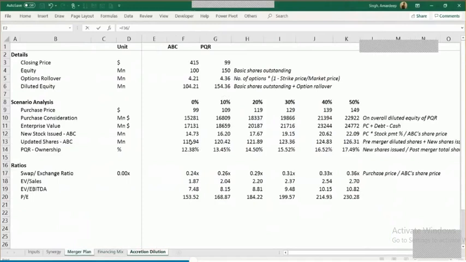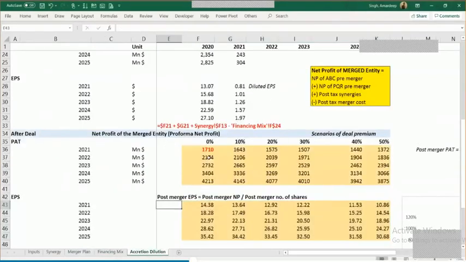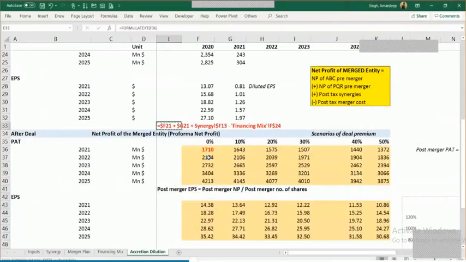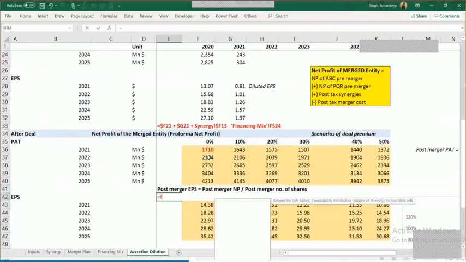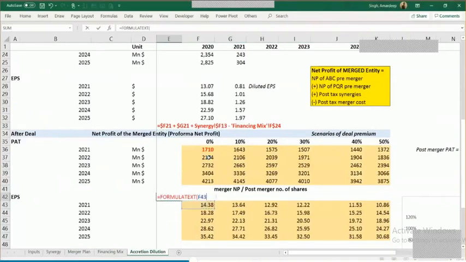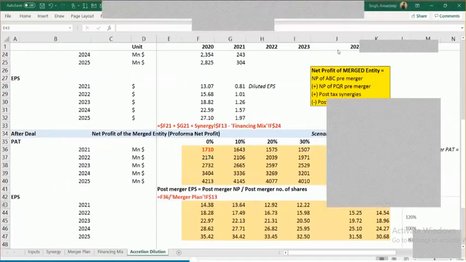If you remember, this is what we had computed before. We have got it in row number 13. I'm going to compute it from here. That's what we get over here. All right. So we get the EPS post merger.